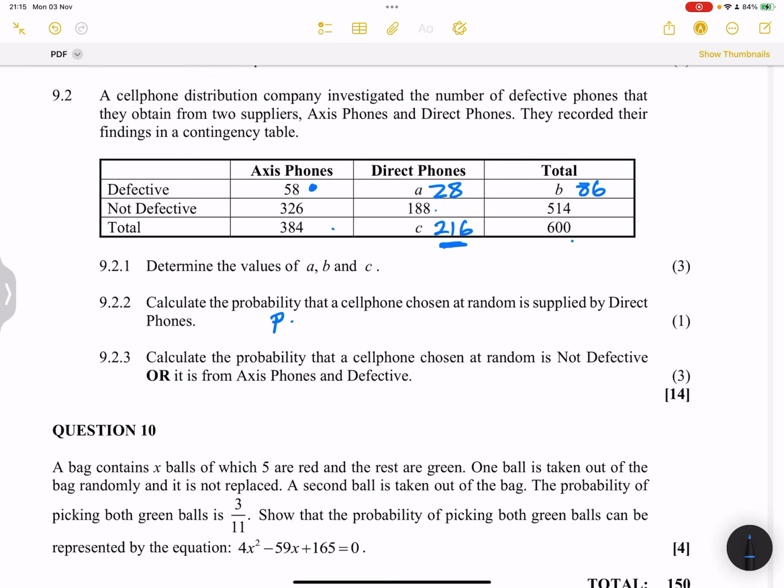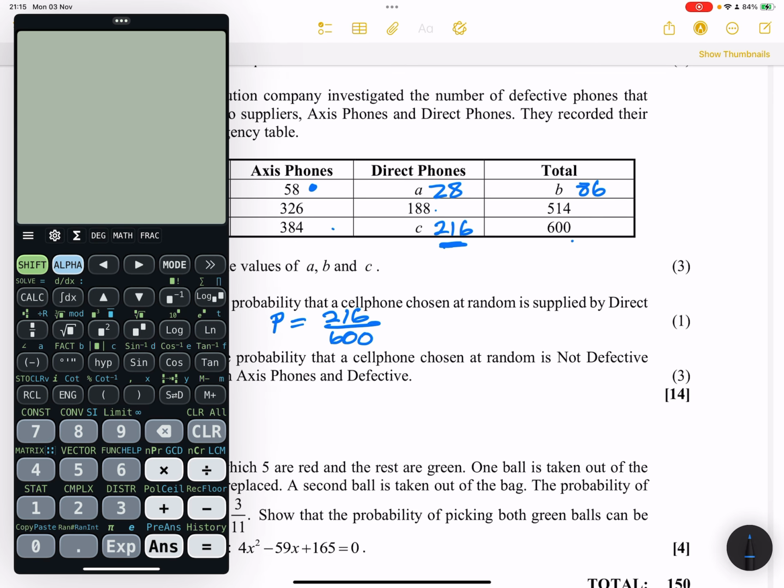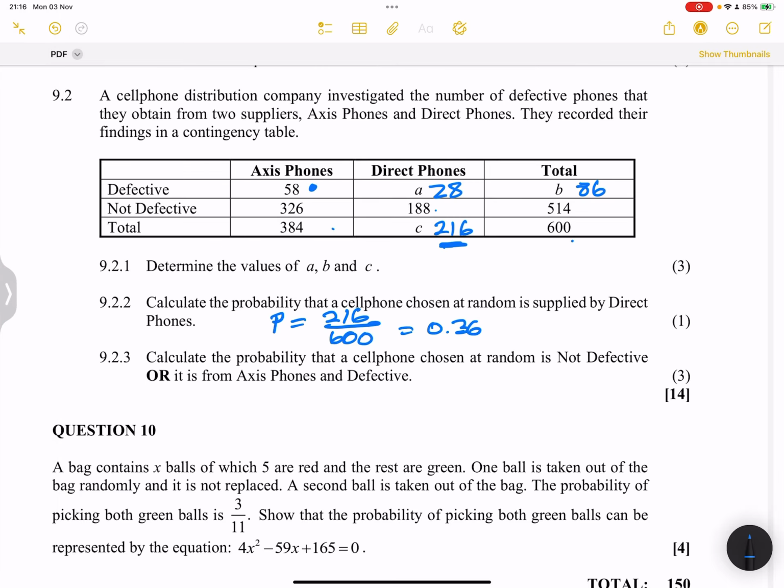So the probability of finding a direct phone is 216 divided by 600. Okay, 216. So that will be 0.36.